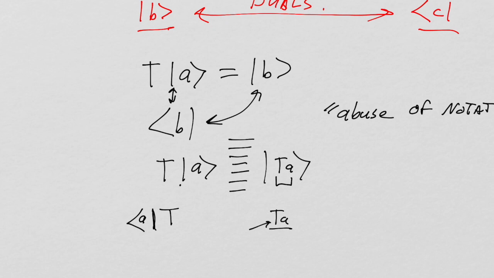T is an operator, A is the name of something, and operators don't act on names, they act on kets. So only this can really mean something. However, this is so commonly done to mean this is the ket that results when you take T and you operate on the ket A, right?